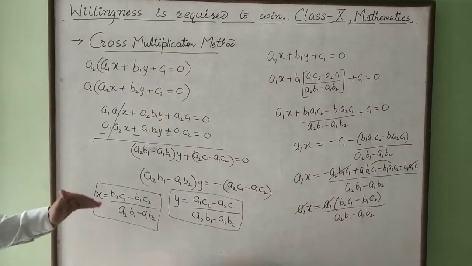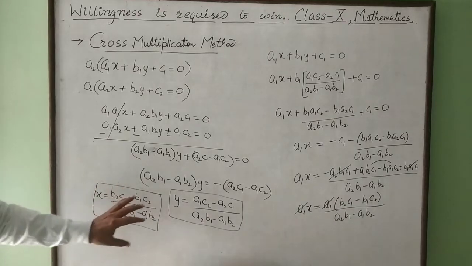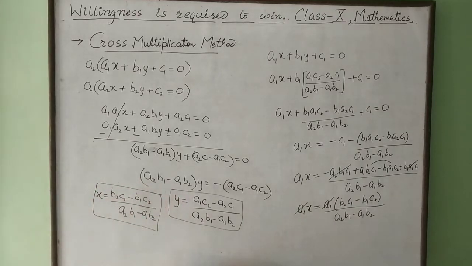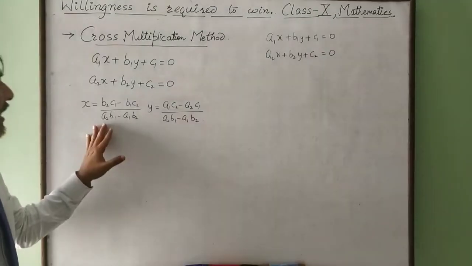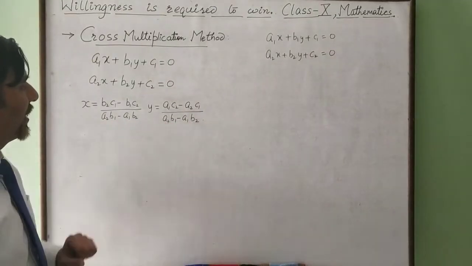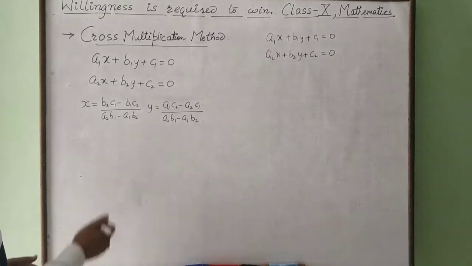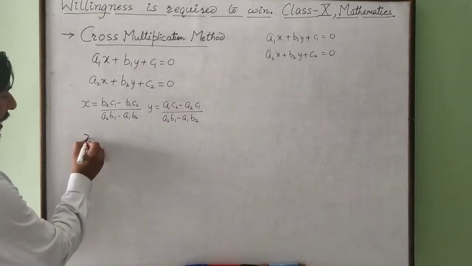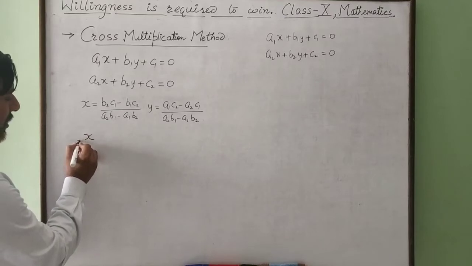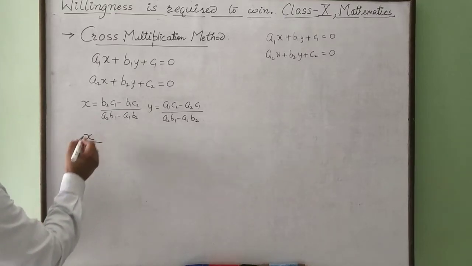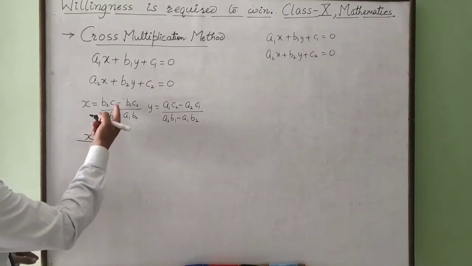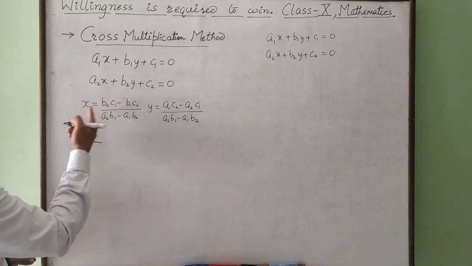Now how can we derive the cross multiplication from these particular values of x and y? The values of x and y we have got using the elimination method. Now let me tell you, I can write it like this: x upon, I'll bring this into the denominator of x.